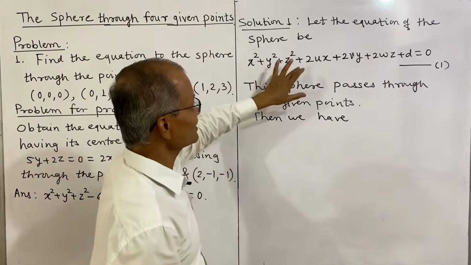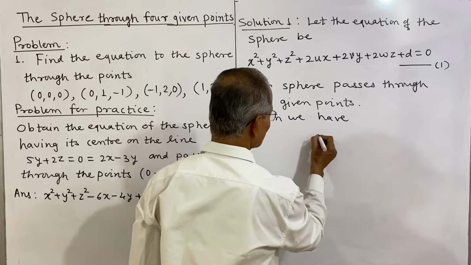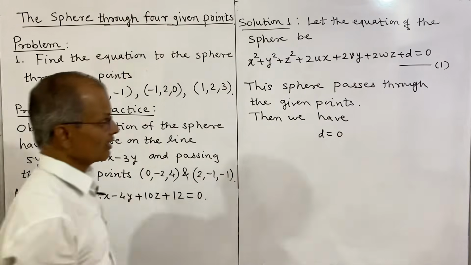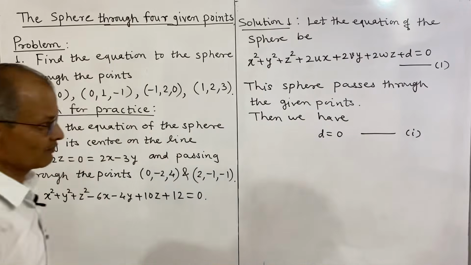So the first relation is d is equal to 0. That is the first equation we have, and we will number these equations in Roman digits.